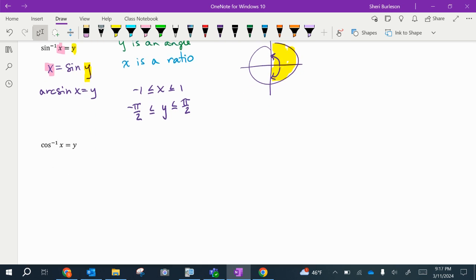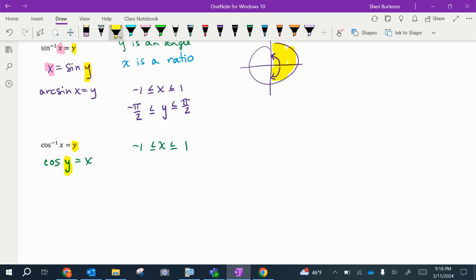Inverse cosine, same thing. That means that the cosine of y is x. And once again, cosine gets us values between -1 and 1. So for inverse cosine, it gets us an angle.